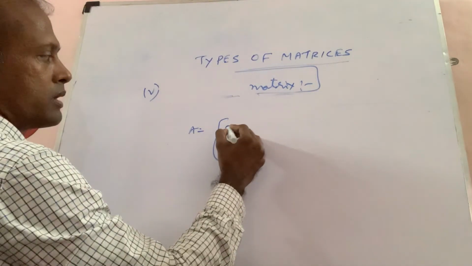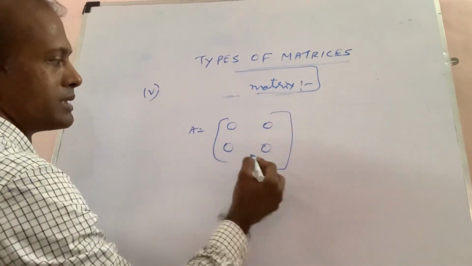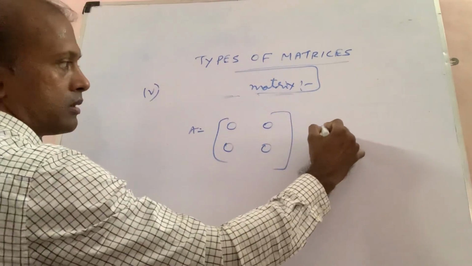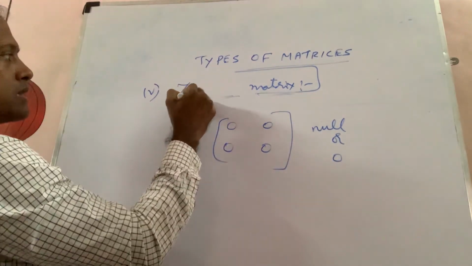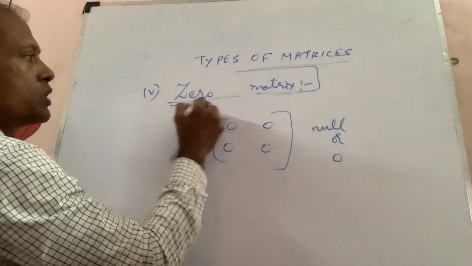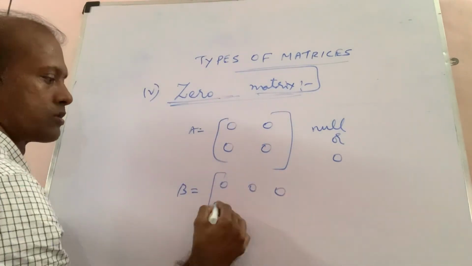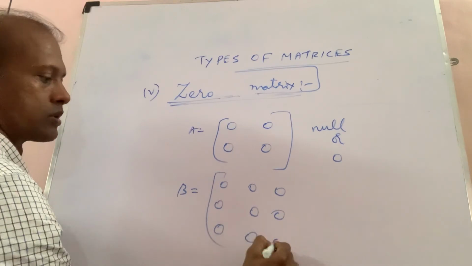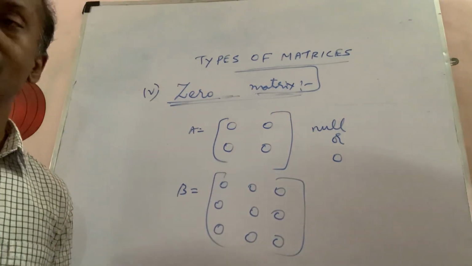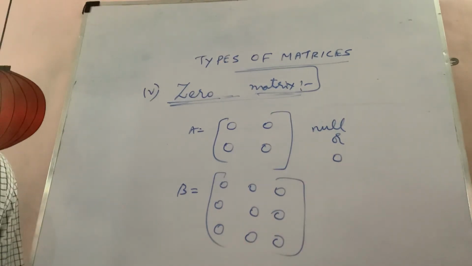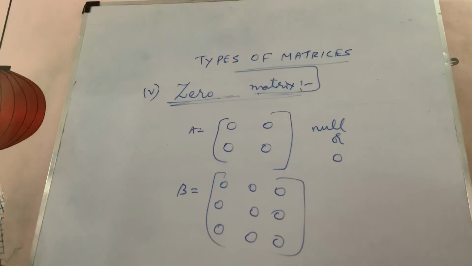So here, if all the elements in the matrix are null or 0, then I call this matrix a zero matrix. Okay, right? 0, 0, 0, 0, 0, 0, 0, 0, 0. So what is this matrix called? This matrix will be called a zero matrix. Clear? Yes? Fantastic.